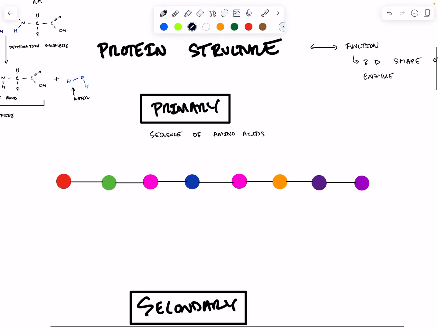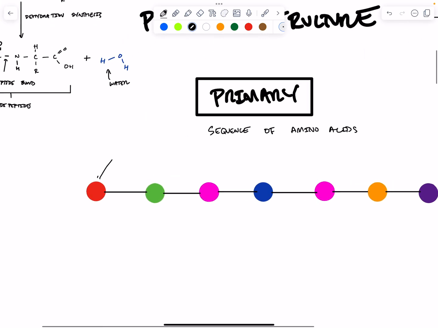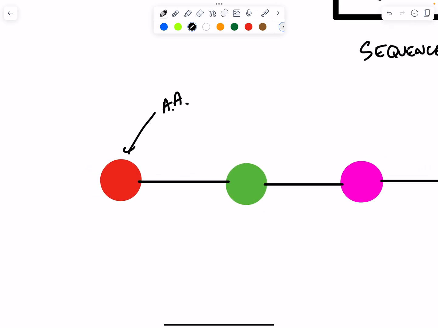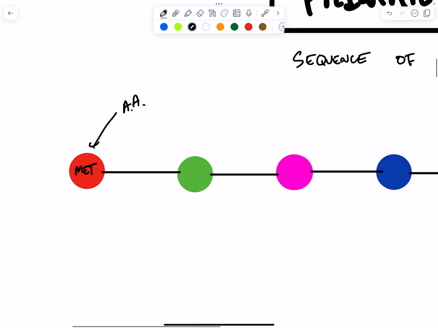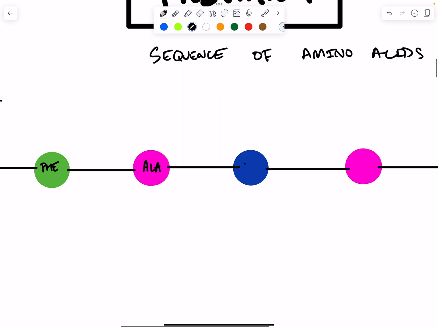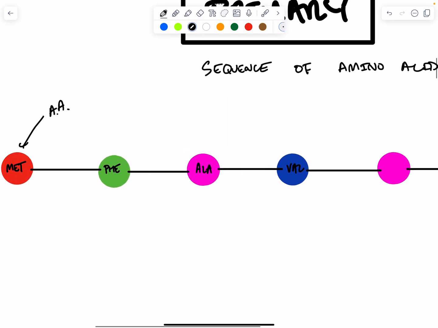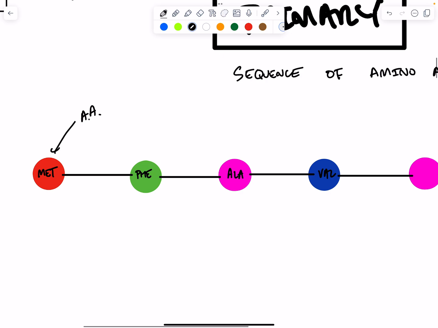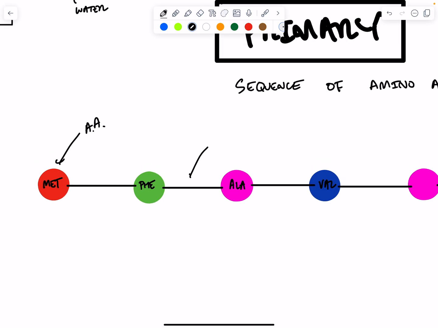So each of these dots represents a single amino acid. For example, this first red one might be methionine, so I'm going to say it's met. The next green one might be phenylalanine, phe. The next one could be alanine, ALA. The next one could be valine. Holding each of these amino acids together, as you learned before, is a peptide bond.